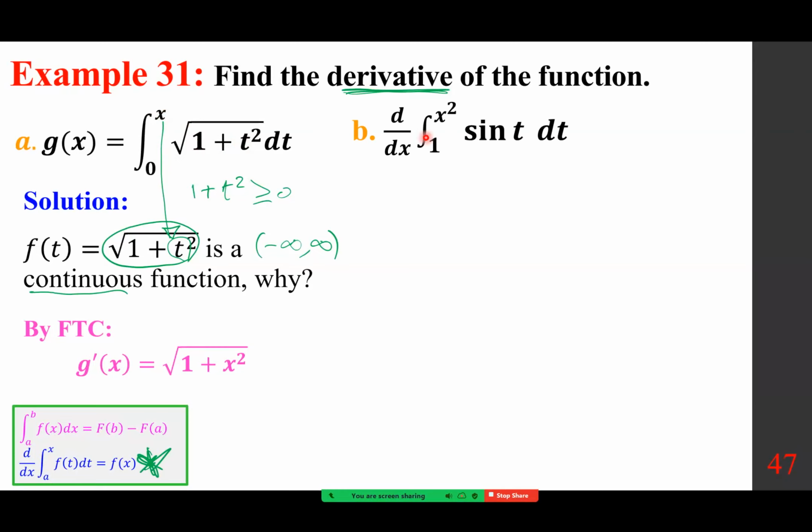d dx of the integral of 1 to x squared of sine t dt. We want to take the derivative of this expression. First, the function f of t is sine t.